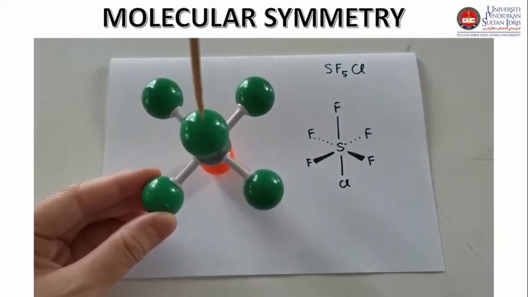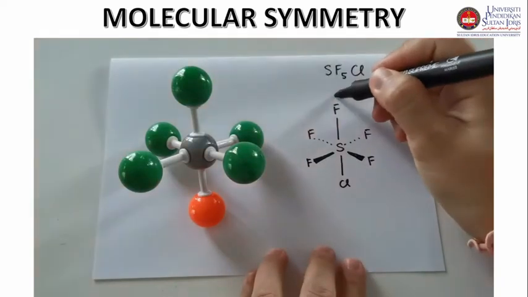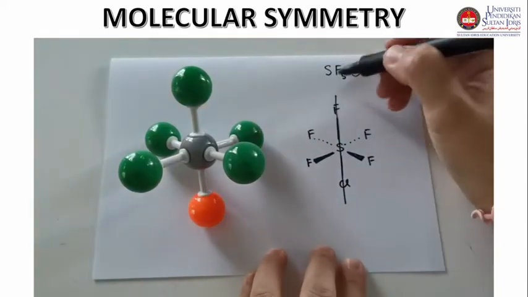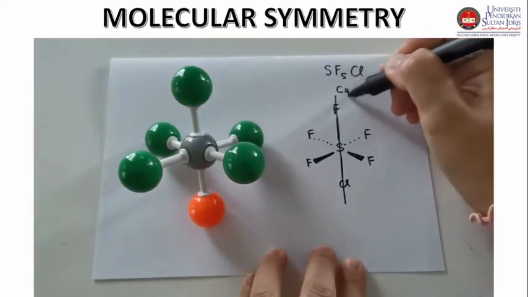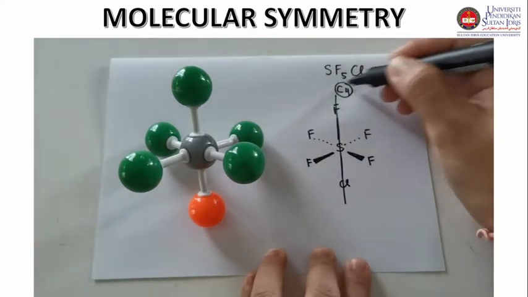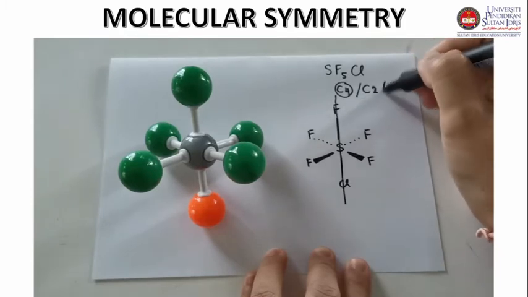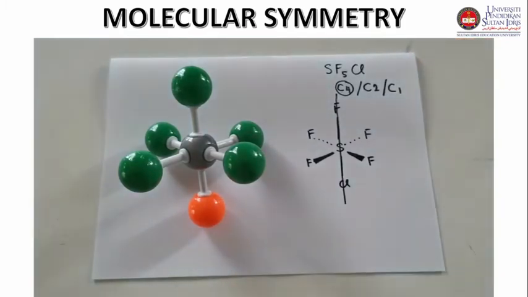So the C4 axis and C2 axis both lie here, as shown in the figure with the help of a stick. Now we can see that in this molecule the axes lie like this: there is a C4 axis and a C2 axis. The C4 axis is the principal axis, then the C2 axis also exists, and the C1 axis also exists.